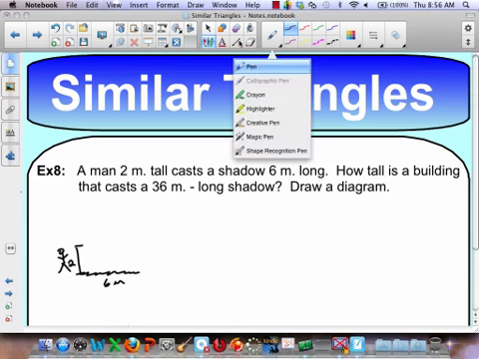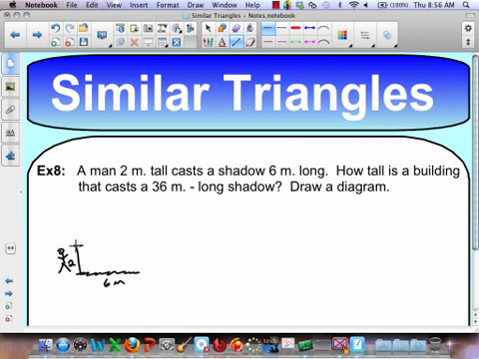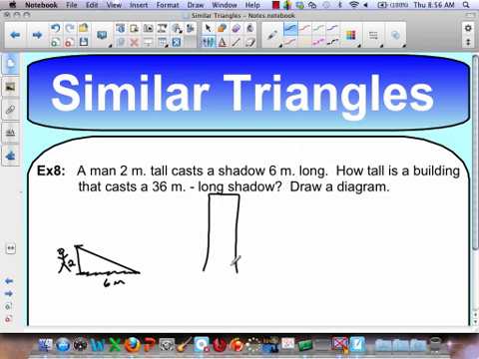And so then we have a triangle. We have a right triangle. Then we have this really tall building. We don't know how tall the building is, so we'll say that's x.